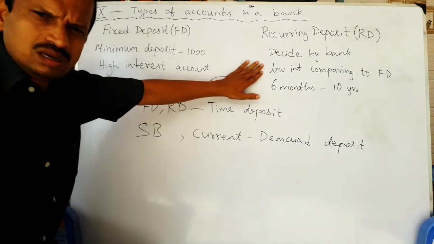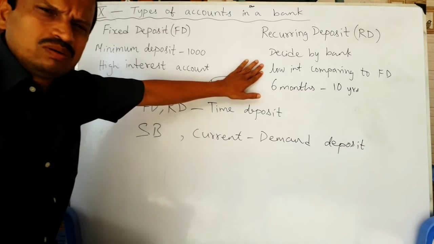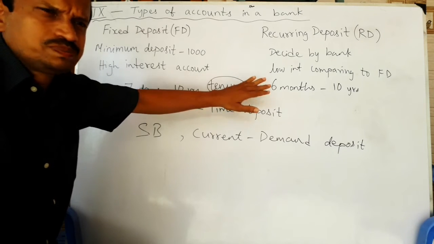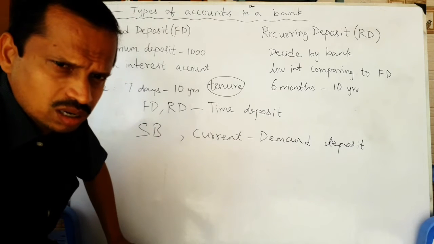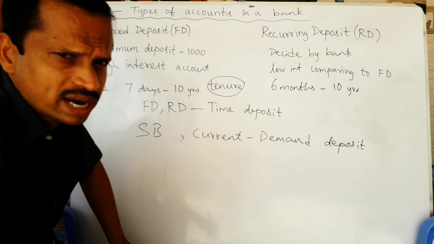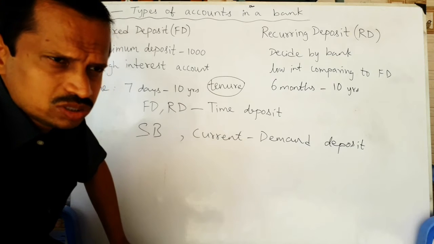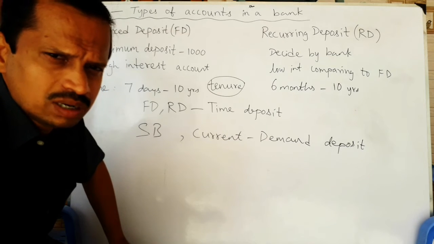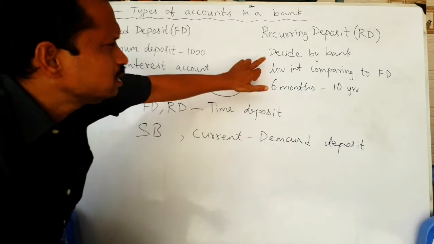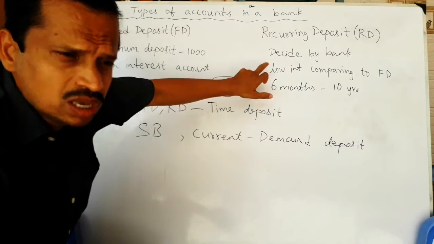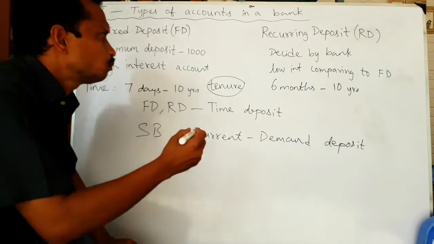But this is preferred by most people, because of the word recurring. Have you heard the word recurring? In the number system we use the term recurring decimal. Recurring means repeating. So repeatedly we can deposit, that means monthly.